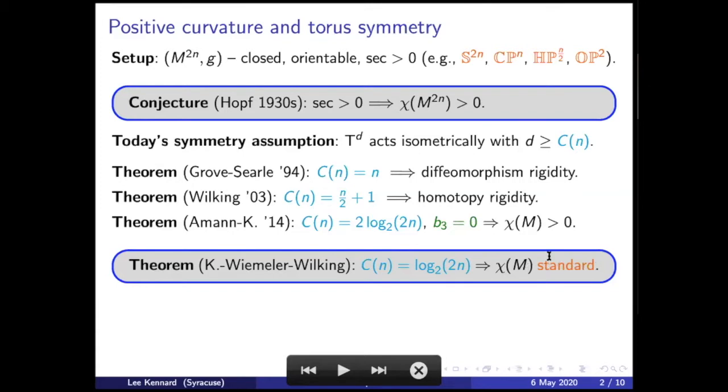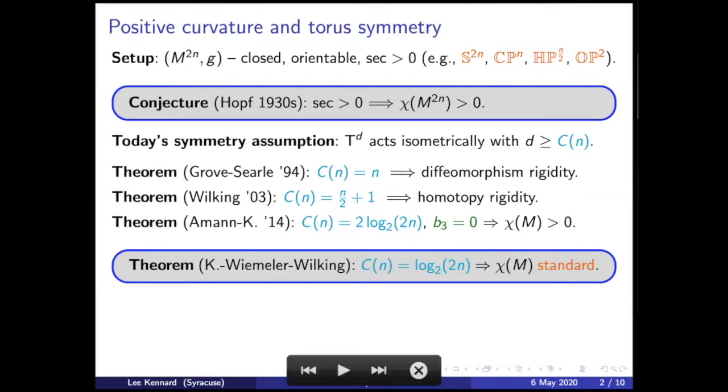What I mean by this is that we compute the Euler characteristic and we show that it's 2, like the case for a sphere, or that it agrees with CPN or HPN, or in dimension 16, the Cayley plane. I should mention that Amann and I had previously done this calculation in dimensions 16 and less, and there we got the same result with these symmetry bounds. So this is new in dimensions bigger than 16.